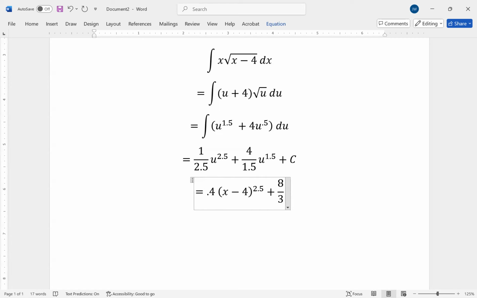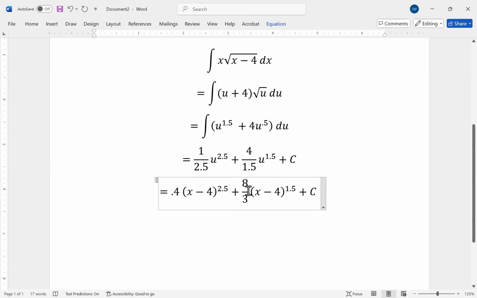And since I'm writing things as fractions, maybe 0.4 should be written as a fraction too. It doesn't really matter, but I'll keep it as 0.4 for right now. But substituting u, replace that with x minus 4, gives me this. I have a lot of decimals, and then I have this fraction, but hopefully that all makes sense.